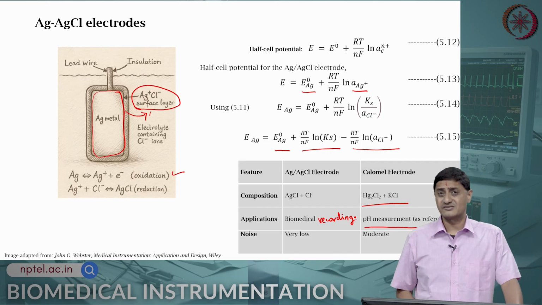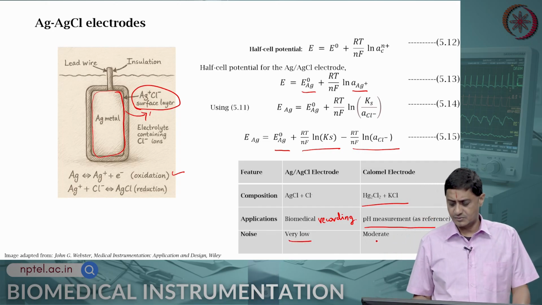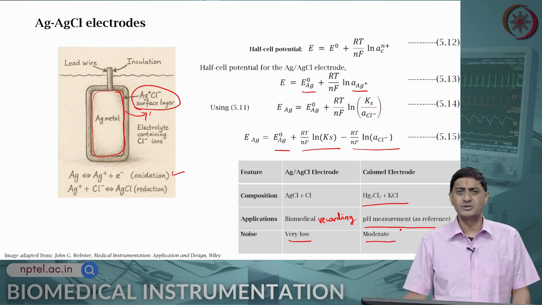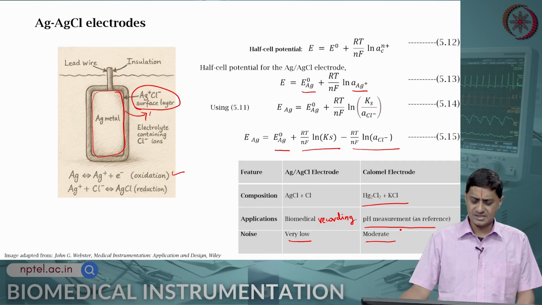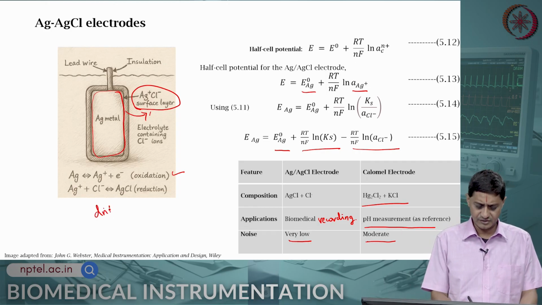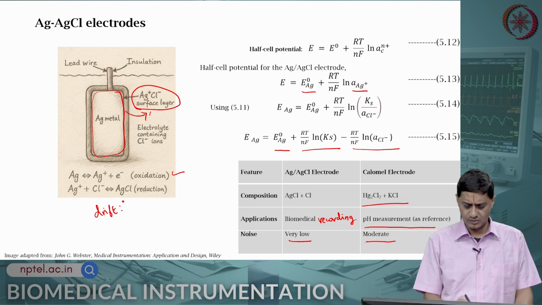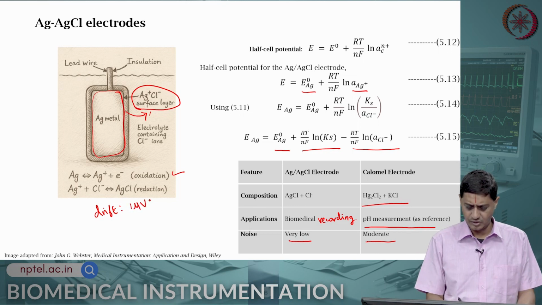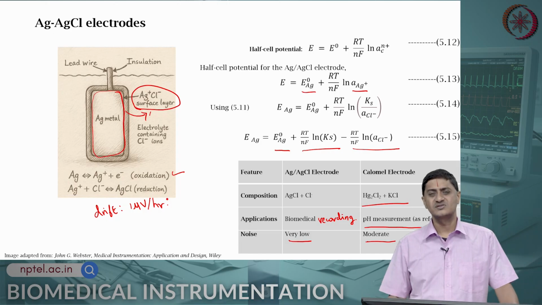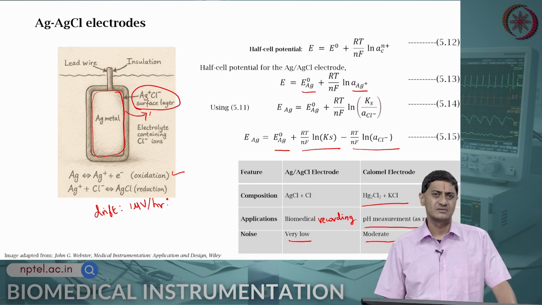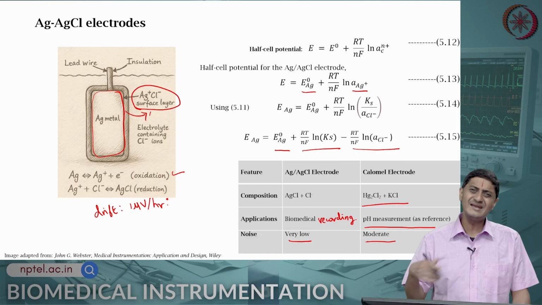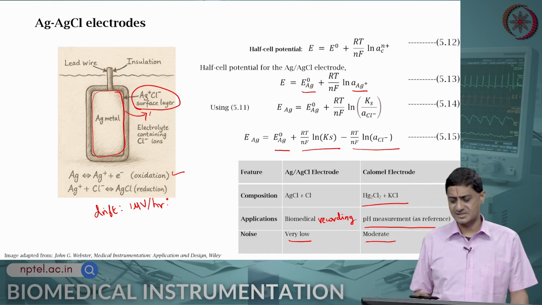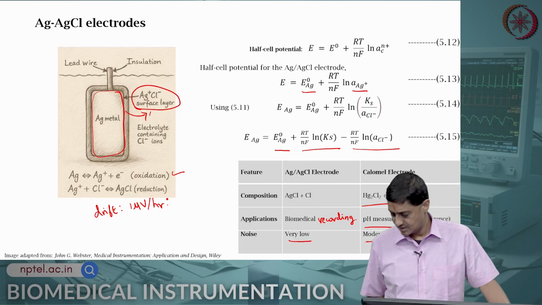The noise characteristics of the silver chloride electrode are very low, whereas in the case of the Calomel electrode it is relatively moderate. The drift that you see with the silver chloride electrode is actually quite low, on the order of 1 microvolt per hour, which is why it is a very stable electrode, and I can reuse this for many cycles without damaging, especially the sintered electrodes.